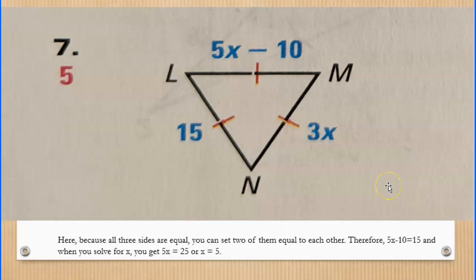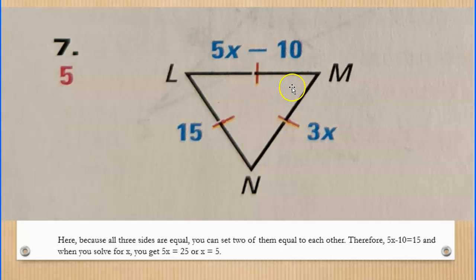All right, with this one, we have a little more information. We know that all of these sides are equal, all three of them. We're not being asked an angle measurement. We are just being asked to find x. Now, since I know that LM is equal to LN, I can actually just set them equal to each other. And that's what I'm going to do. 5x minus 10 equals 15.